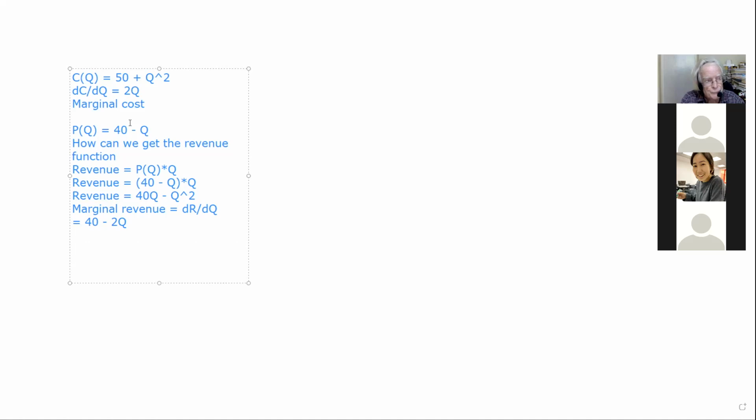We know that profit is maximized where marginal revenue is equal to marginal cost. So marginal cost is 2Q. Marginal revenue is 40 minus 2Q.